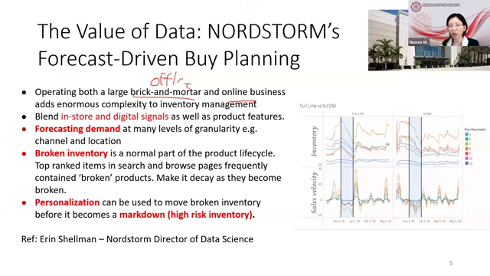So how do you prevent broken inventory from being marked down, or becoming what is called high risk inventory? They need to use something called personalization, because if it's online, they know this, or if it's offline, they know the customer's loyalty. They know which size this person actually buys, right?